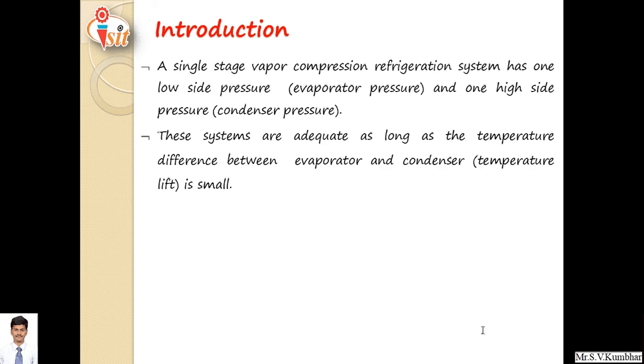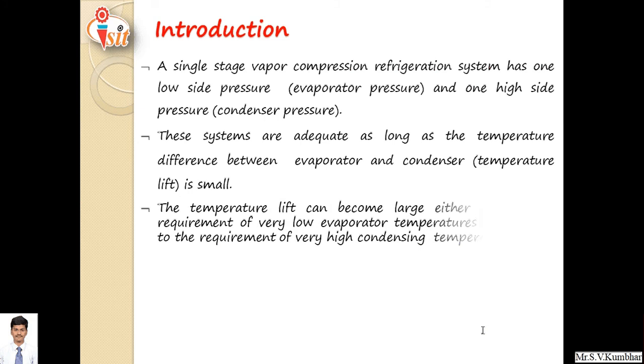These systems are adequate as long as the temperature difference between evaporator and condenser is very small, that is, the temperature lift is very small. The temperature lift can be large either due to the requirement of very low evaporative temperature or due to the requirement of very high condensing temperature.